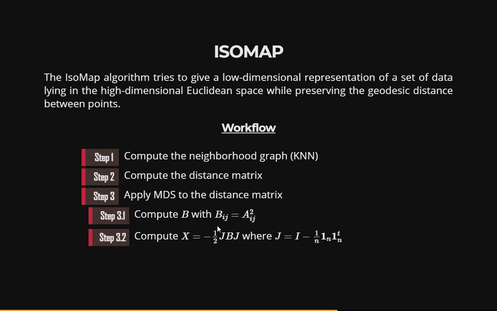This procedure, in the end, produces something which has 0 mean on every row and every column. I'm multiplying on the left and on the right to end up with a symmetric matrix again. Because A was symmetric, a distance matrix, so the distance between i and j is the distance between j and i. B was symmetric, and also X now is symmetric again. And then we find the eigenvalues and eigenvectors of X, and we use the same procedure as before to obtain the embedding.